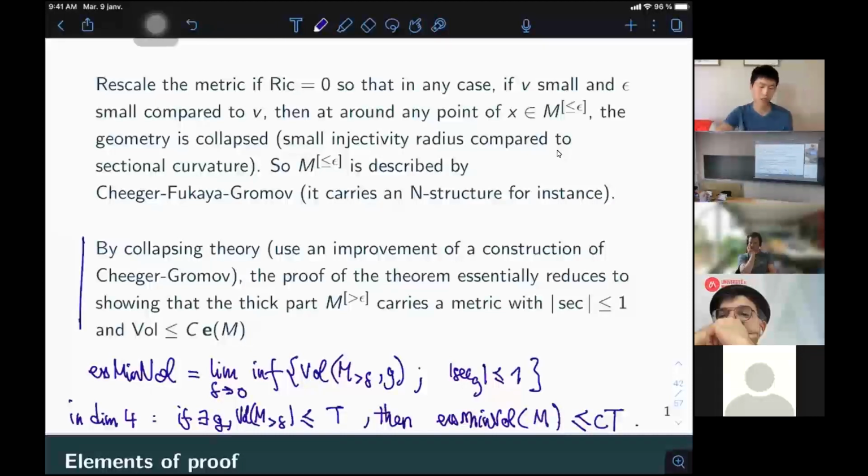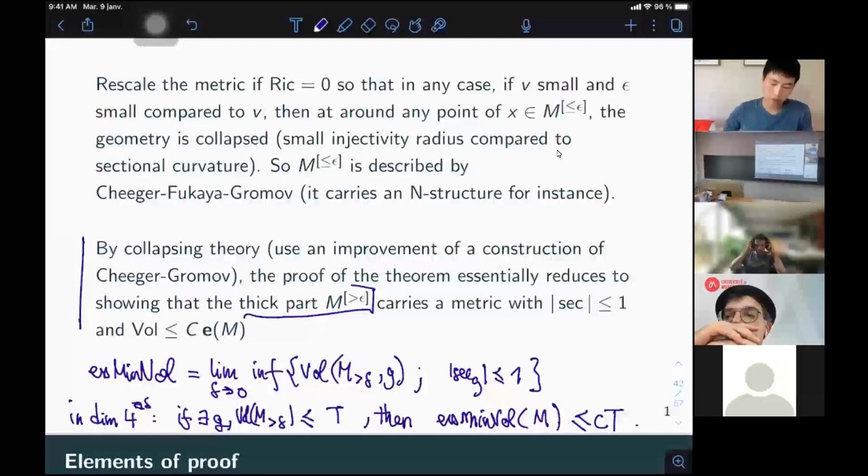So in dimension 4, there exists such a delta, and it's probably not true in higher dimensions. So that's why now the job is to look at this thick part, the thick part in the thick-thin decomposition of your Einstein metric.